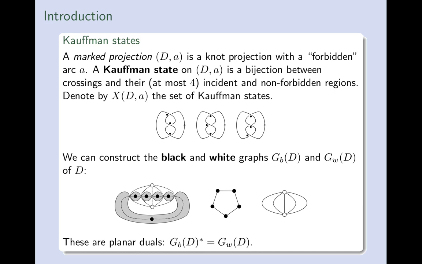Note that again the edges in this white graph are given by crossings. It's really easy to see that these two graphs are in fact plane duals, meaning that the vertices of one correspond to the faces of the other and vice versa, while there is a bijection between the edges. So for each edge in the black graph, you have a unique one, called the dual edge, in the dual graph.